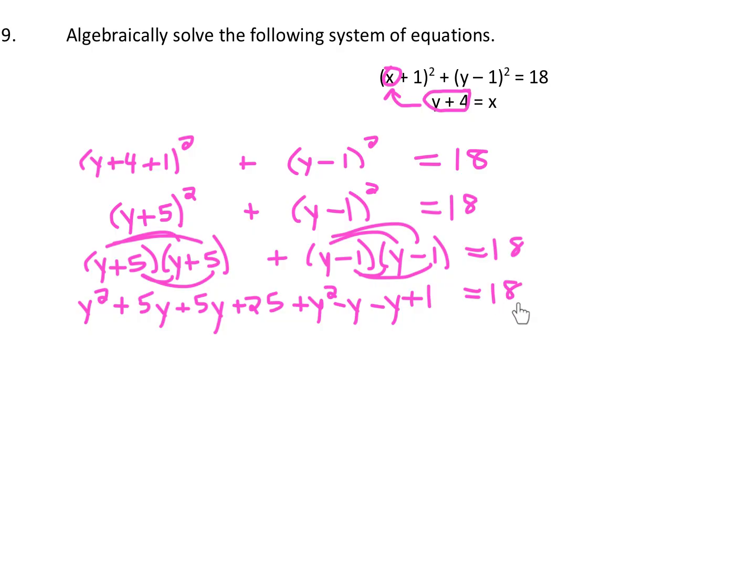All right, so I know I need to get this side of the equation set equal to 0, and then I'm going to combine all my like terms. So let's subtract the 18 from both sides of the equation. So that's going to give me 0. Then when I combine my like terms, I have y squared plus y squared, which is 2y squared.